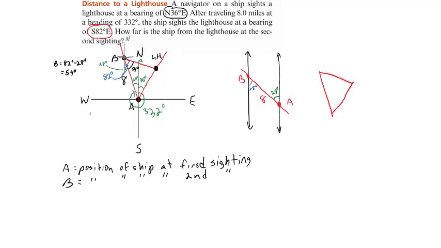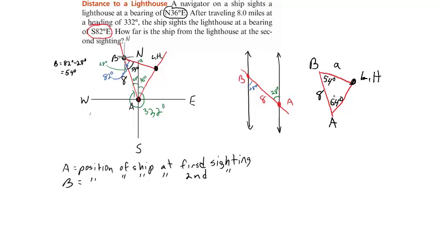So here's A once more, here's B, and here's the lighthouse, or C if you like. We know that this is length 8. What's 28 plus 36? 64 maybe? So that's angle A, right? This angle plus this angle. And then we know that this guy is 54 degrees. We're looking for side A.